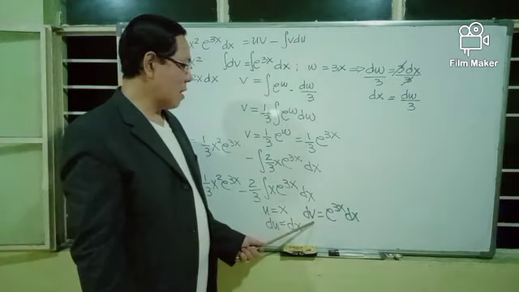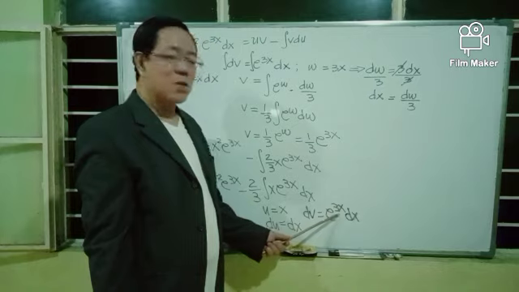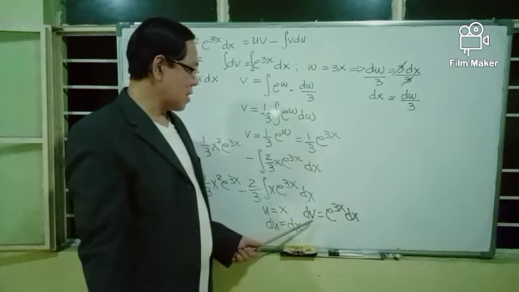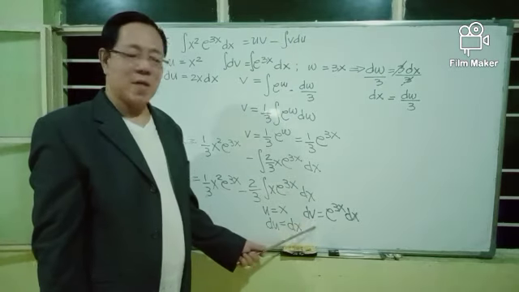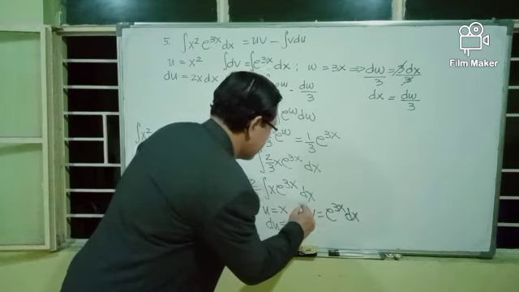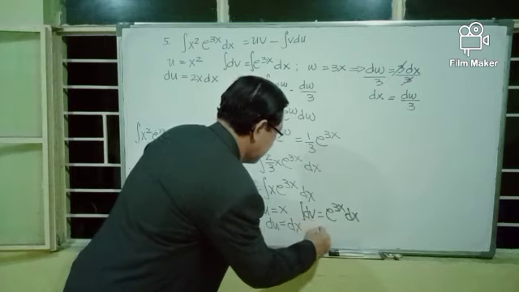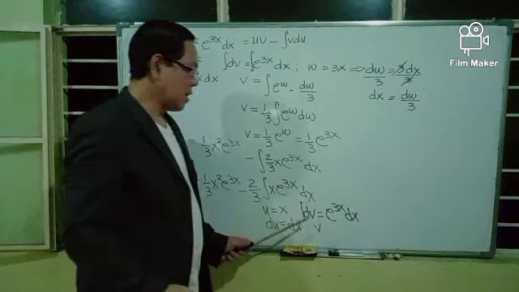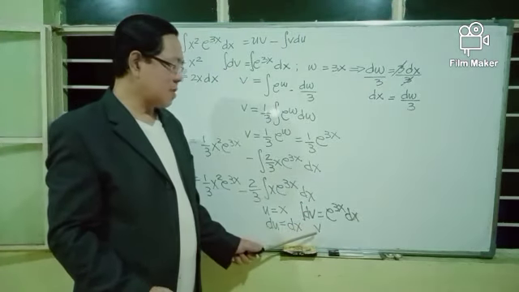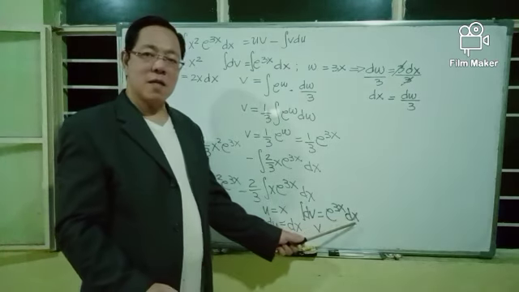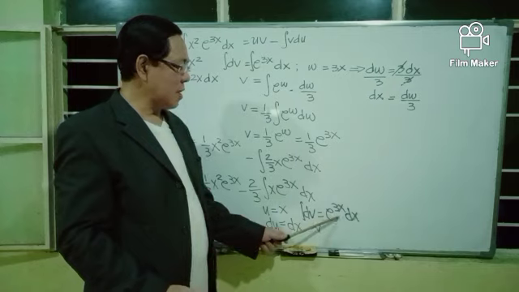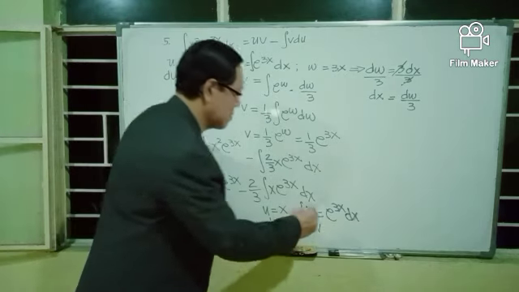For this equation, dv equals e to the 3x dx, we integrate the left-hand side with respect to v. And the integral of dv is v, equals the integral of e to the 3x dx. We integrate e to the 3x with respect to x.